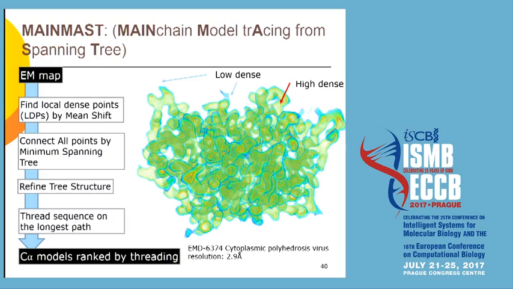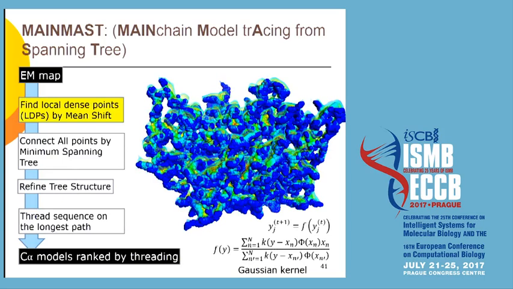Starting from this EM map, which has a grid format, the density values are mapped onto each point of the 3D grid. First, we identify the grid points which have very high density values.